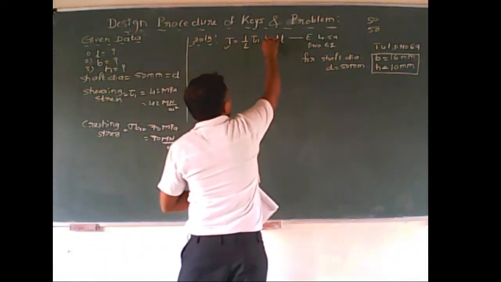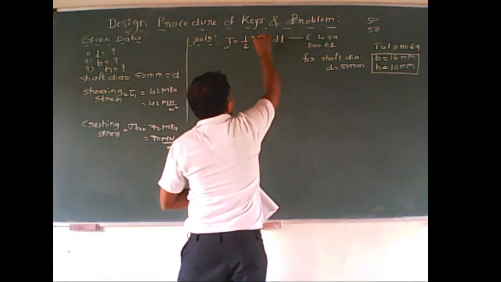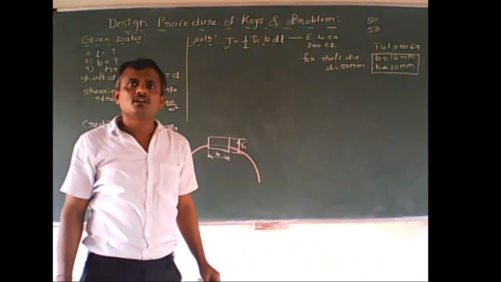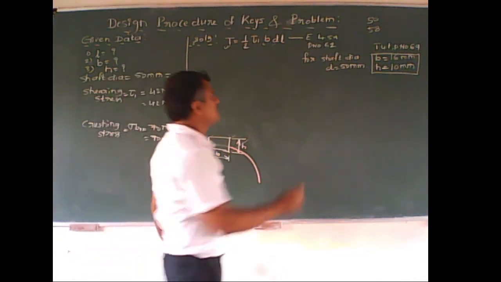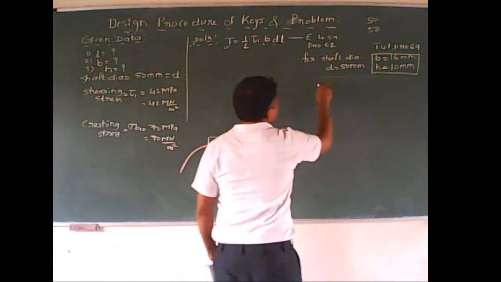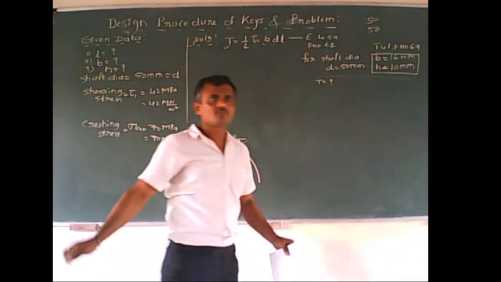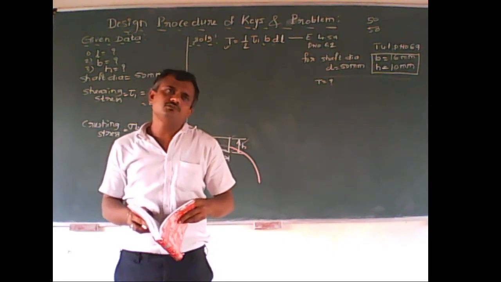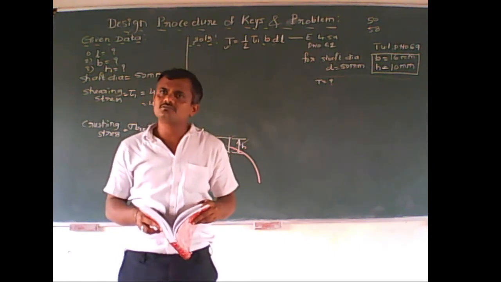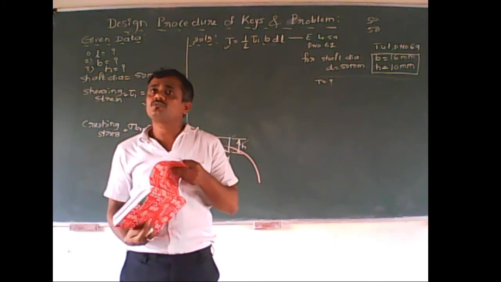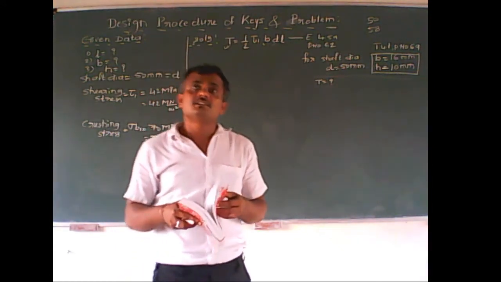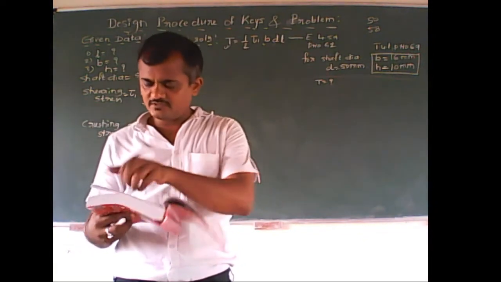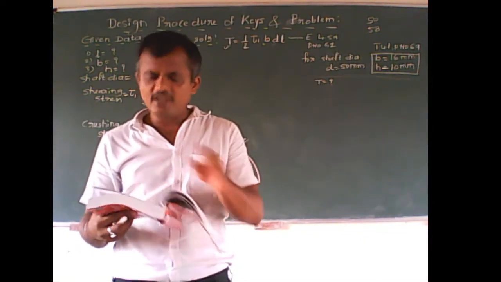Now B is known to you, diameter is given, tau 1 is also given. What about T? Has it been given? No, it is not been given. Therefore, again we can make some side calculation to determine the value of T. If the diameter of a shaft is given, can't you determine the value of torque? For that purpose you have to refer to the equations used in the design of a shaft. Open design of a shaft. What is the page number? 49 I think.